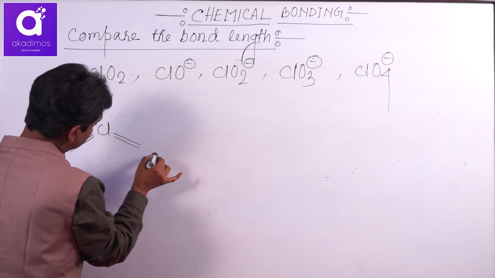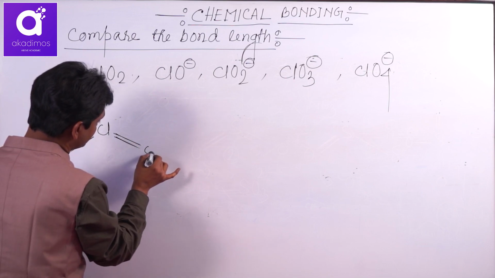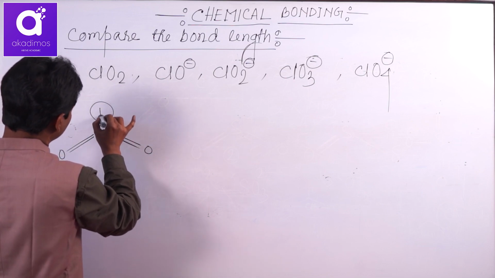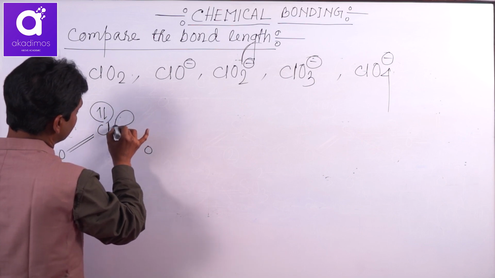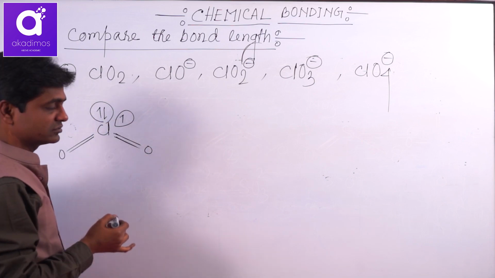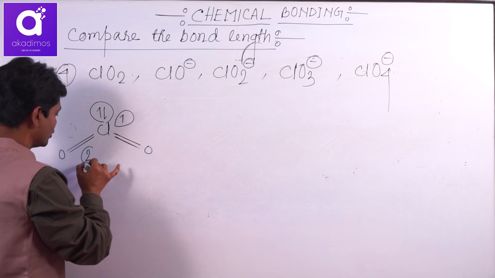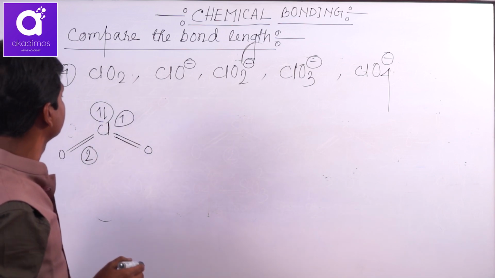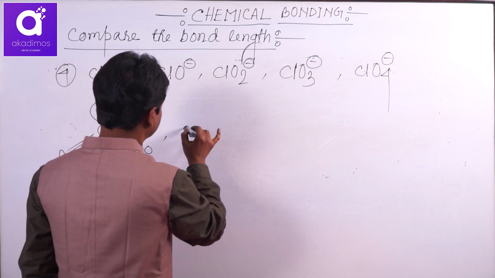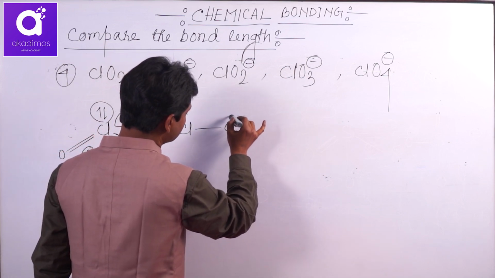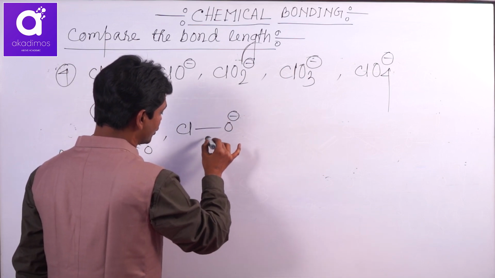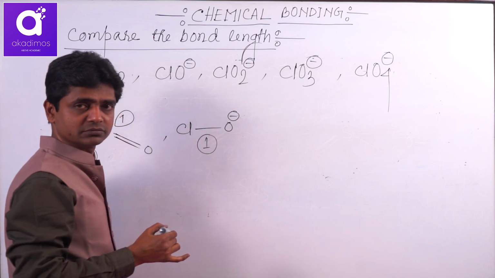2 double bonds with 2 oxygen. Here a lone pair, also you will get an odd electron. This is ClO2. And its bond order is very clean, 2. No question of different canonical forms. Here ClO minus, very clean structure, bond order perfectly 1.